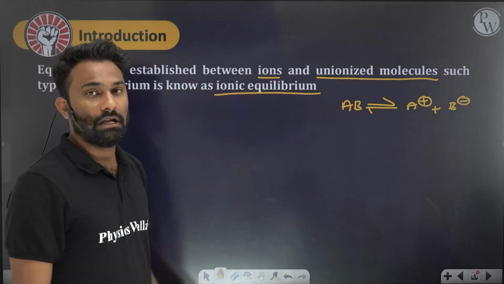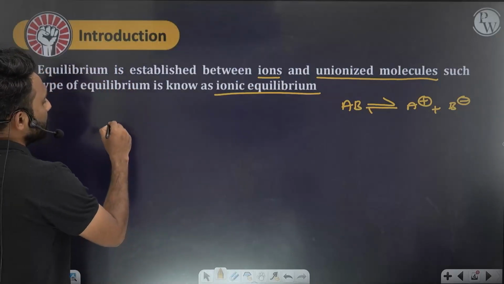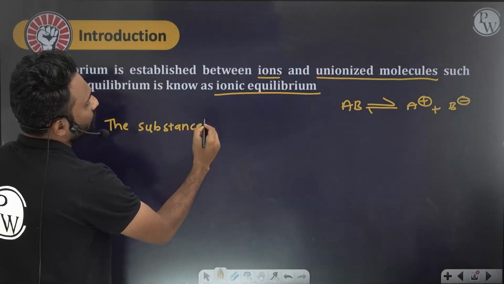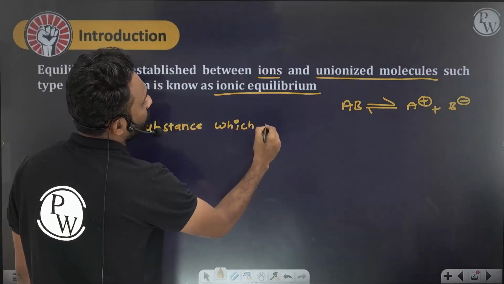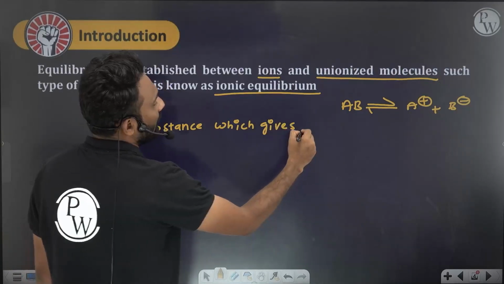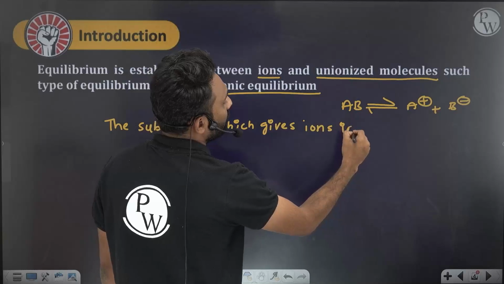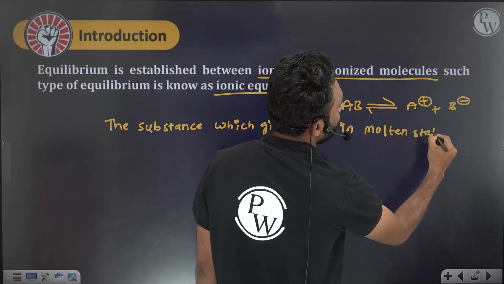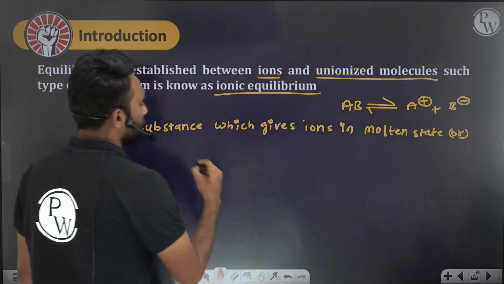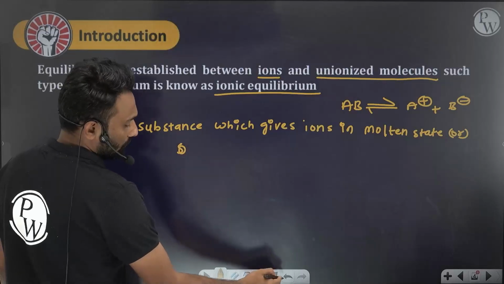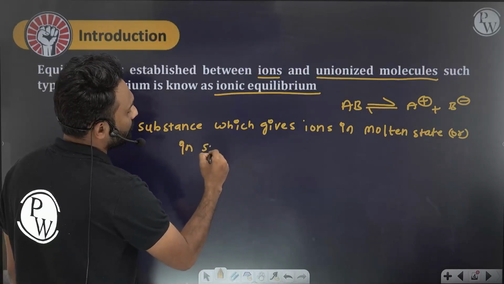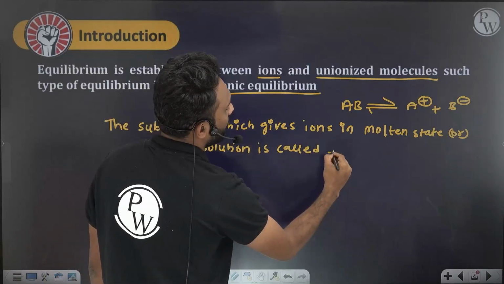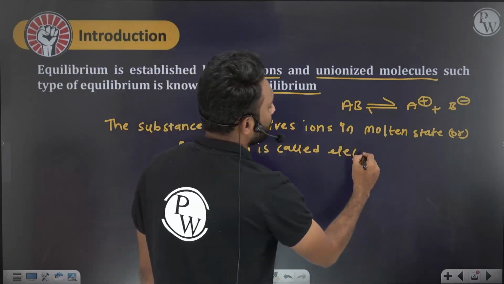Ionic equilibrium. Now look, this substance which gives ions in molten state or in solution is called an electrolyte.